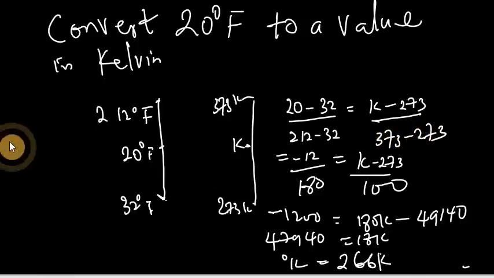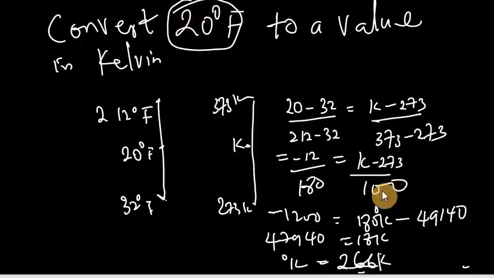When you make K the subject of the formula, you have approximately 266 Kelvin. So we have converted 20 degrees Fahrenheit to a value in Kelvin.